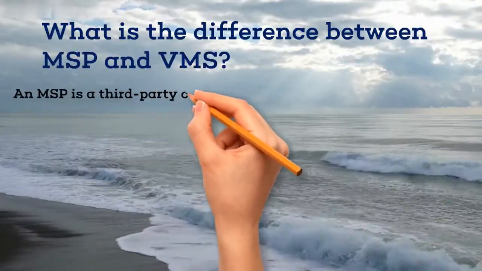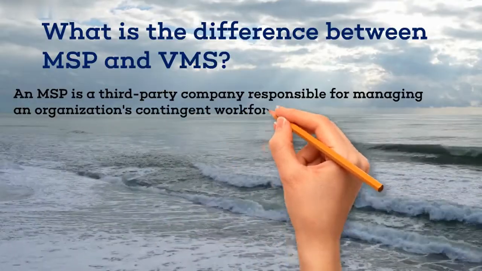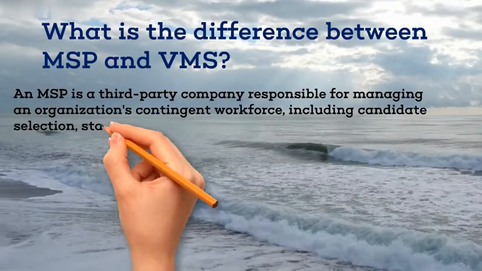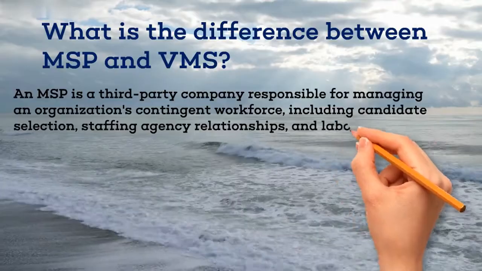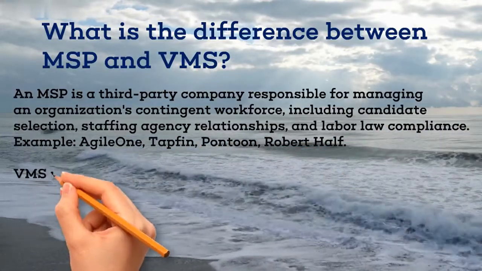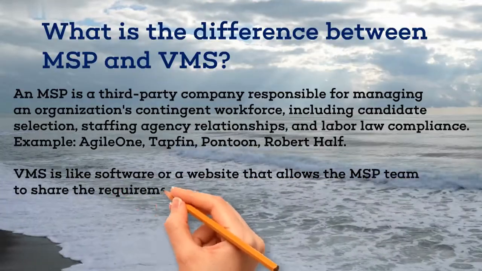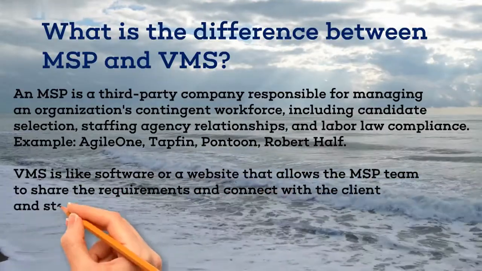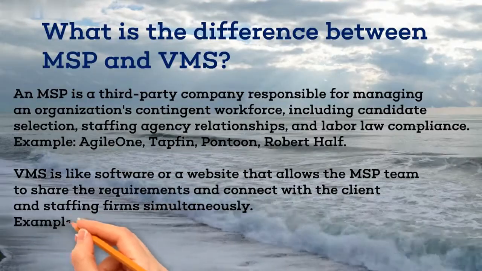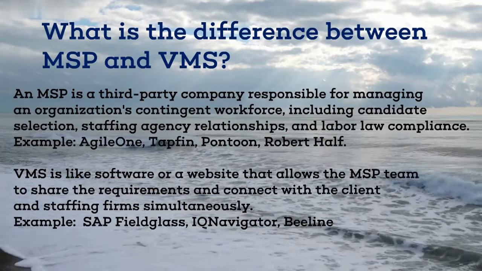MSP is a managed service provider, a third-party company responsible for managing an organization's contingent workforce. Examples: Aston, Tafin, Pontoon, Robert Half. And VMS is a vendor management system. This is software or a website that allows the MSP team to share the position and connect with the client and staffing firm simultaneously.